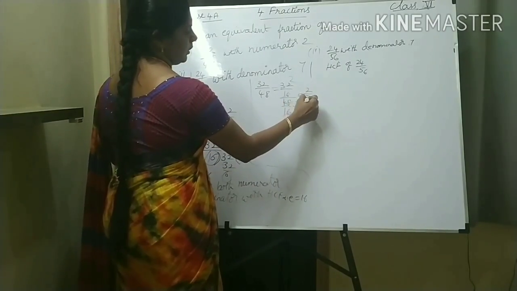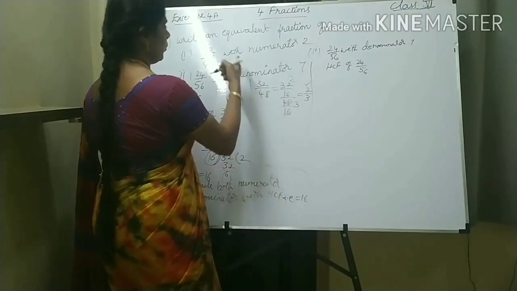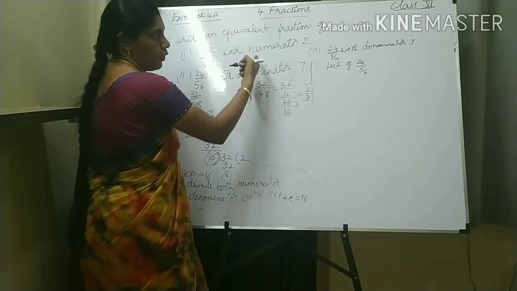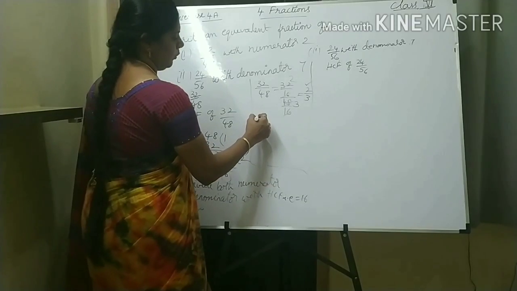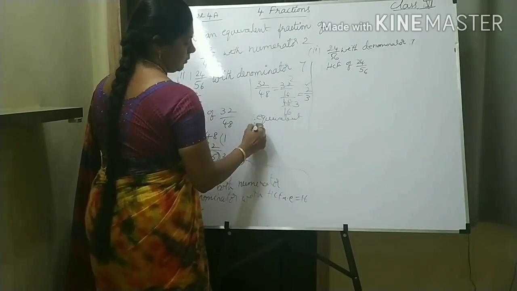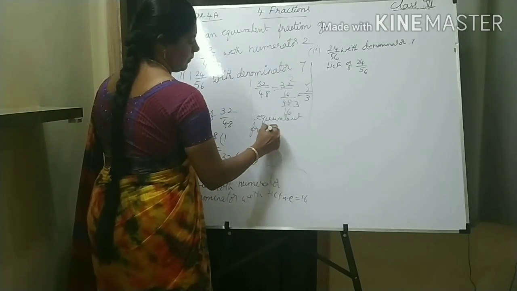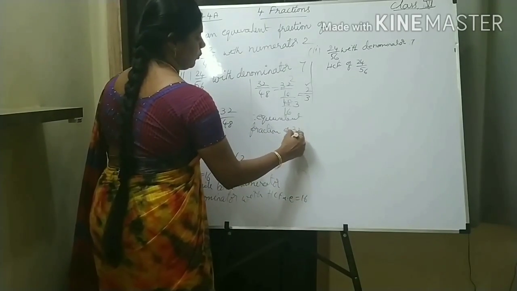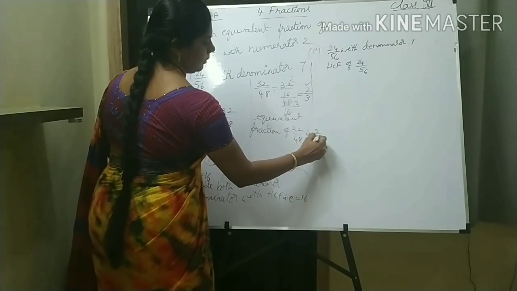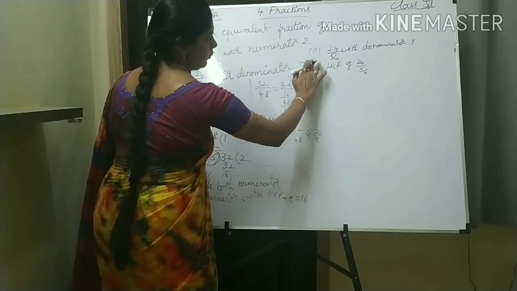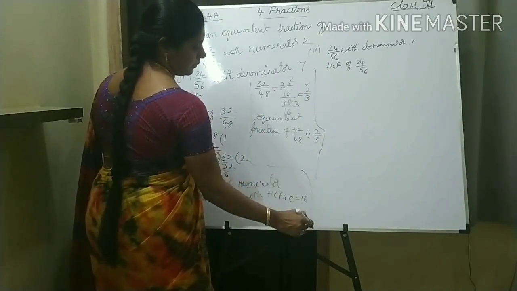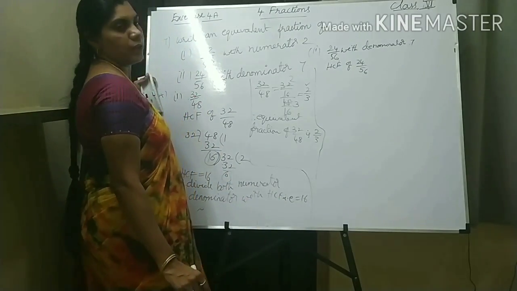So now you are getting 2 by 3. So with the numerator we found the equivalent fraction. Therefore the equivalent fraction of 32 by 48 is 2 by 3. Okay.